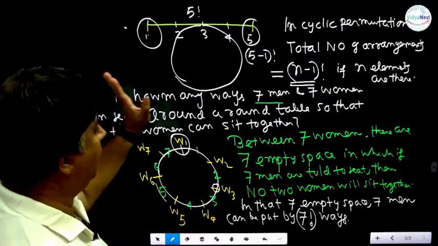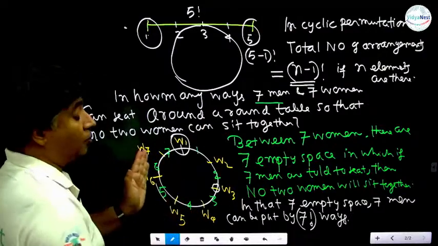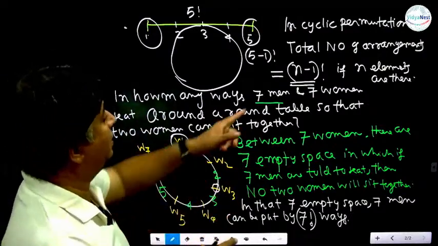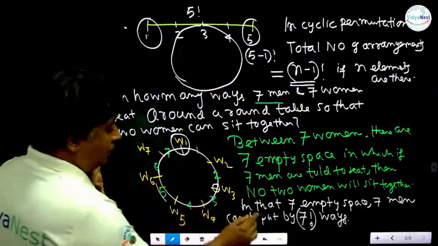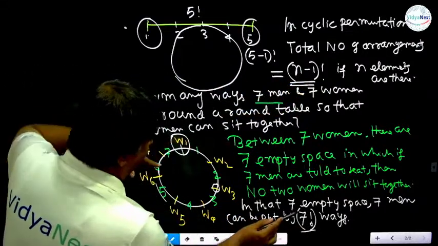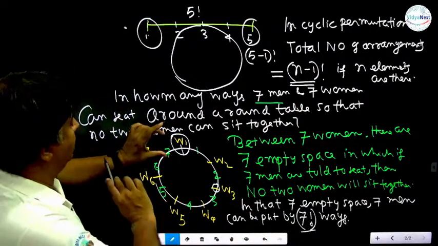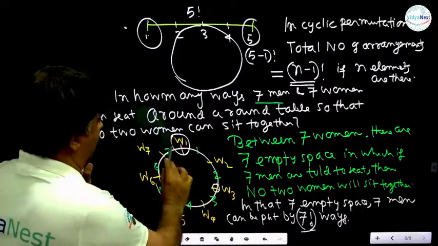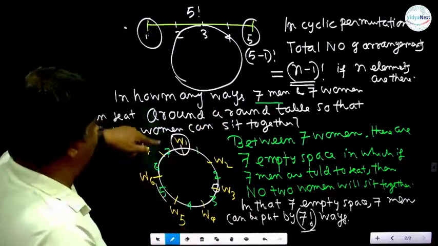No, not mentioned in the question. So their position will be changed in what manner? 7 minus 1 factorial. Each of these factorial 7 will have a correlation with all these arrangements of the women.